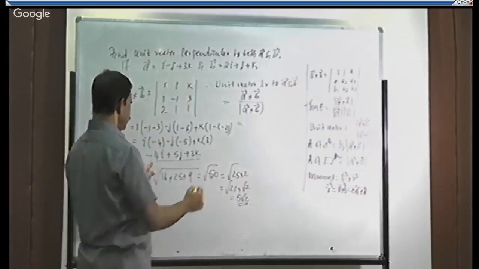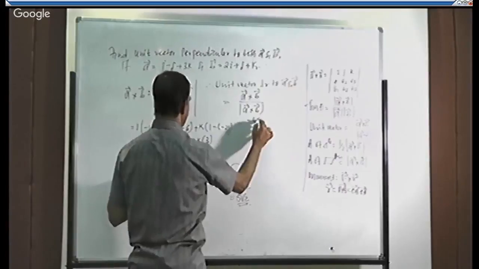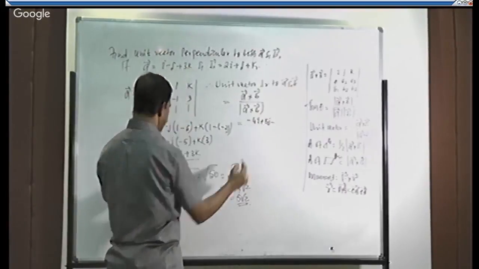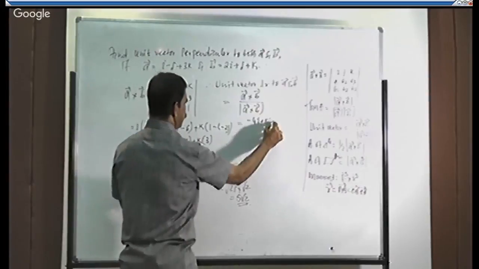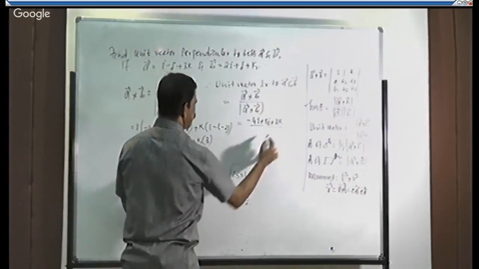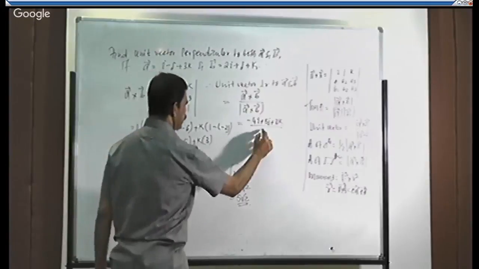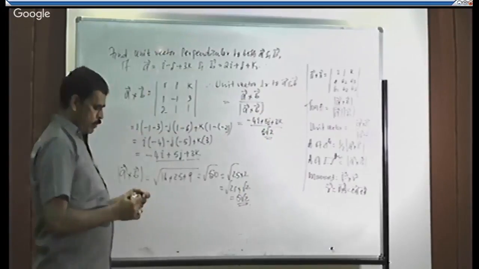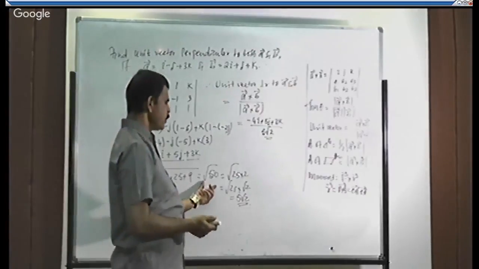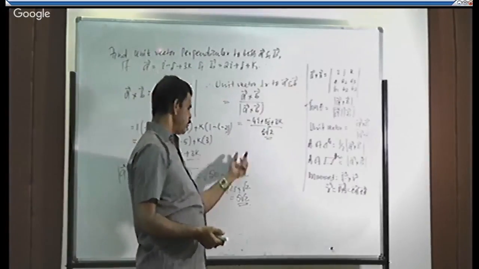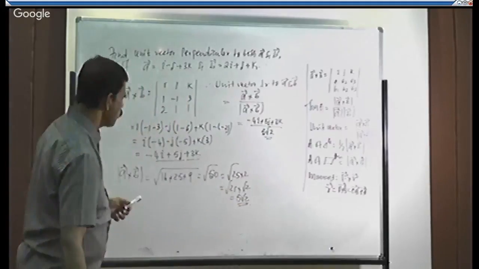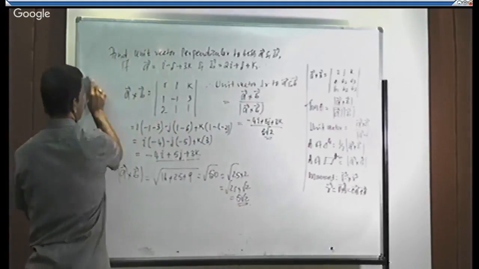It is minus 4i plus 5j plus 3k, all divided by magnitude of A cross B, which is 5 root 2. We can also write root 50, that's enough. Otherwise, if it is simplifiable, you can simplify it. It makes no difference, writing root 50 or 5 root 2.